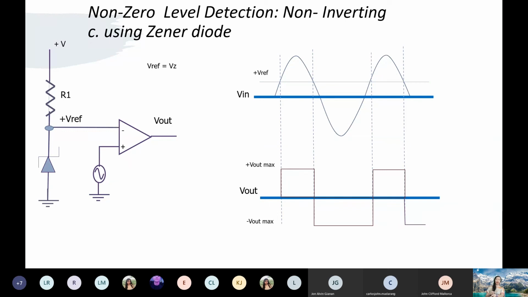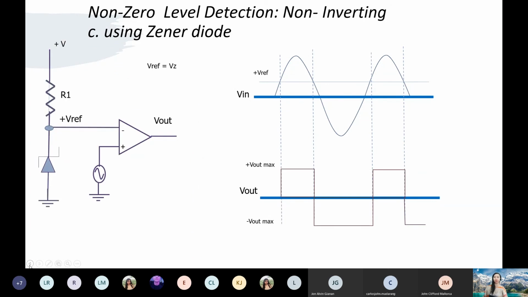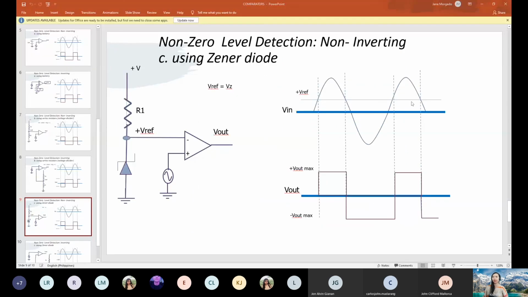So when you say bias, application of... anyone who remembers? Okay, thank you, Rosas. Putting a voltage across a diode. What voltage?